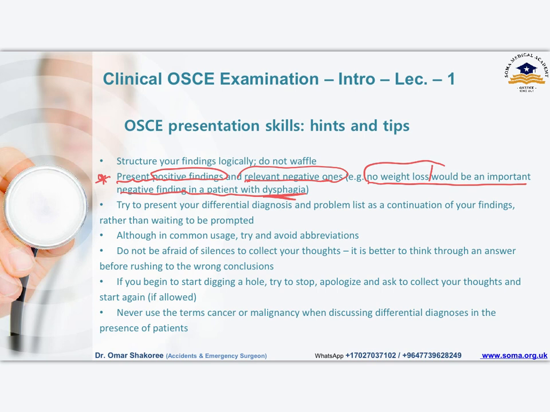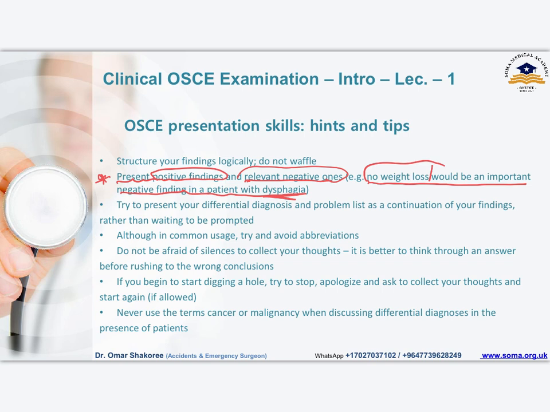Also try to present your differential diagnosis and the problem list as a continuation of your findings rather than waiting to be prompted. For example, I prefer that once you present the history like this: Mr. X has a cough for 3 days' duration associated with fever, and he does not respond to analgesic and antipyretic.